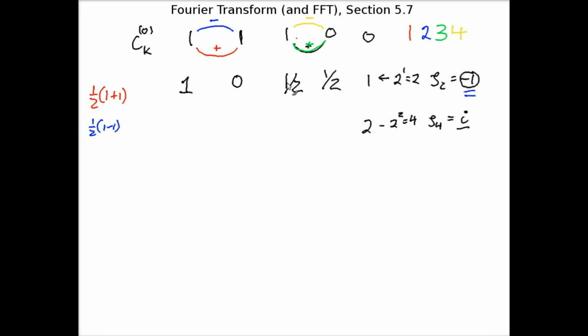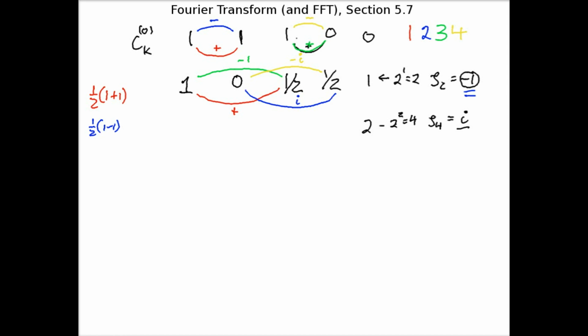This is the second step, so we're going 2 steps apart, and what you get is these guys with a plus, followed by these with an i, followed by these with a -1, and finally these with a -i. These numbers are the powers of i: 1, i, minus 1, minus i.